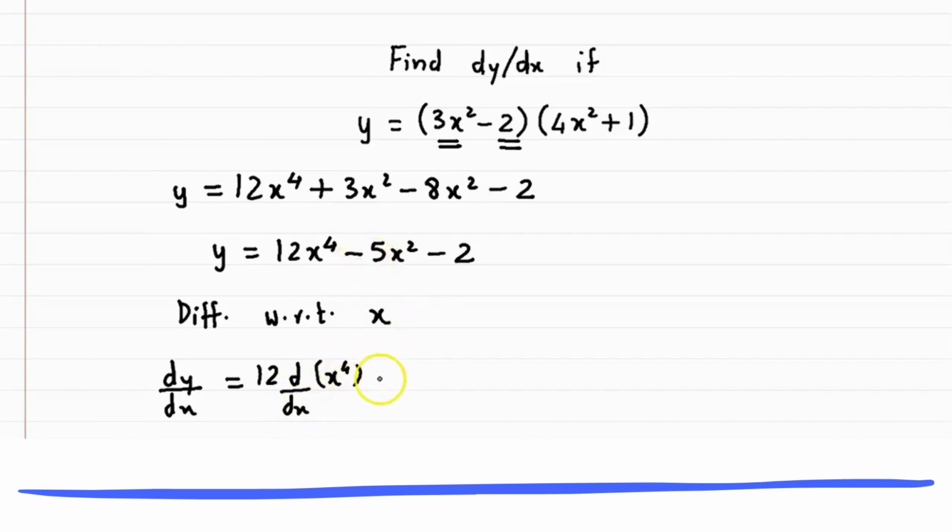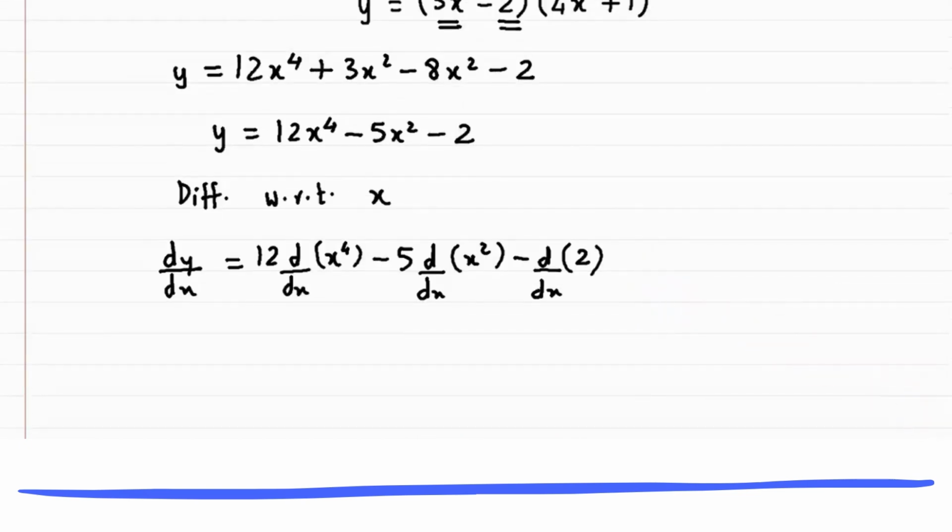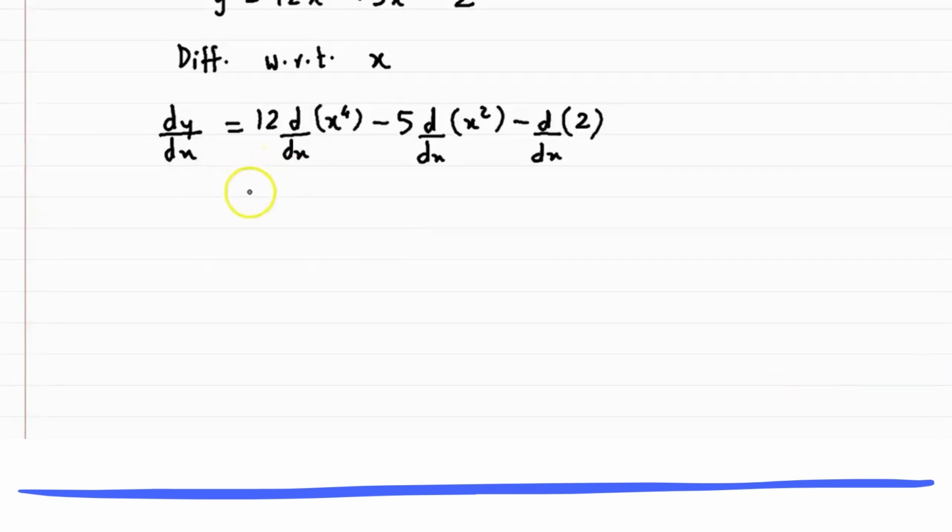Next, minus 5 is the coefficient, so we have minus 5 times the derivative of x square. And negative 2 is a constant, so we have minus the derivative of the constant function, that is 2. And now we have the derivative value.